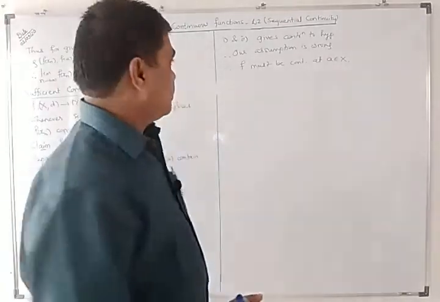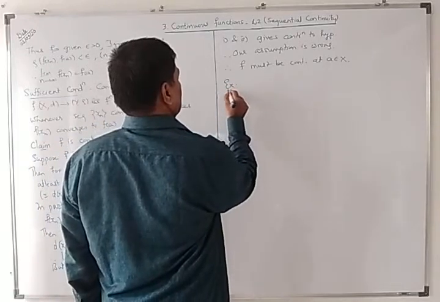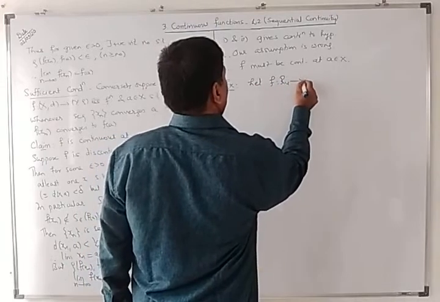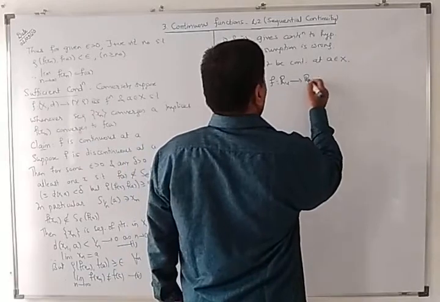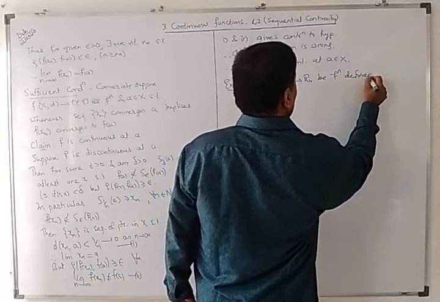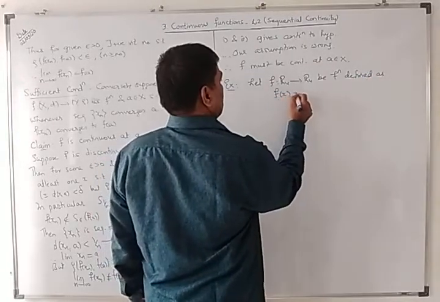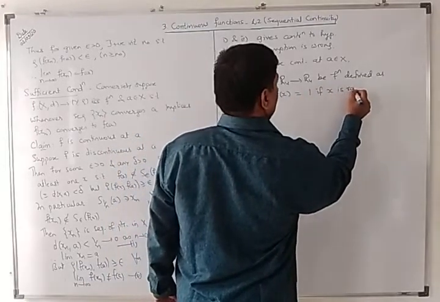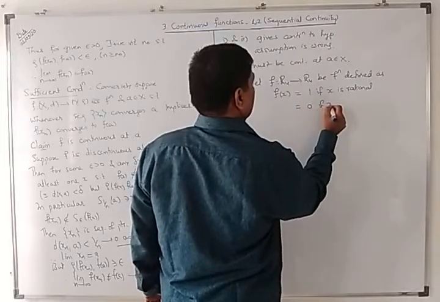Okay, so we'll take an example. Let f from R_U to R_U, with respect to the usual metric, be the function defined as f of x is equal to 1 if x is a rational number, and it is 0 if x is an irrational number.